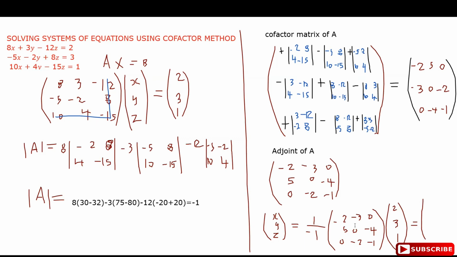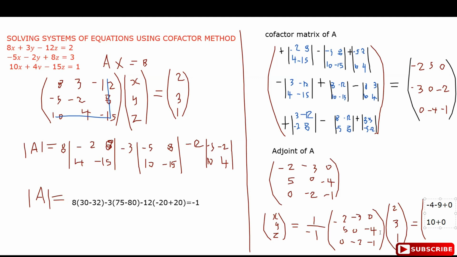Row by column, we go minus 2 times 2 is minus 4. Then minus 3 times 3 is minus 9. Then 0 times 1 is 0. Nice. Going down now, row times column: 5 times 2 is 10. Then 0 times 3 is 0.